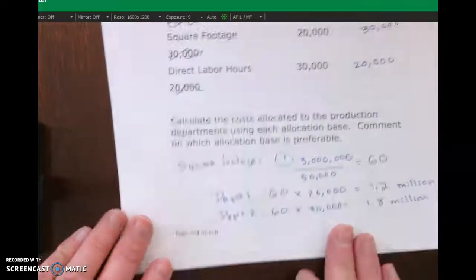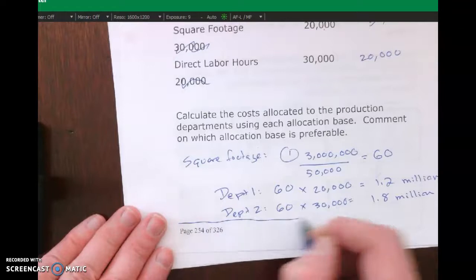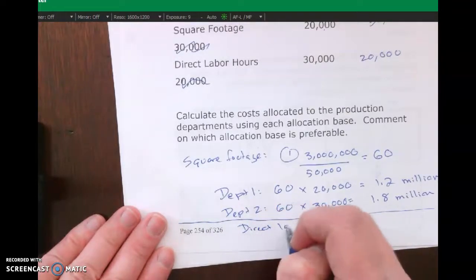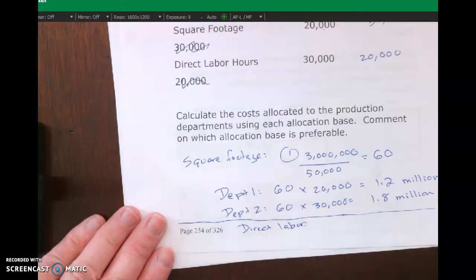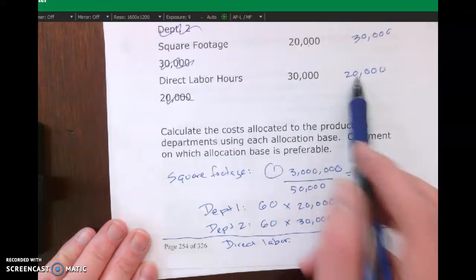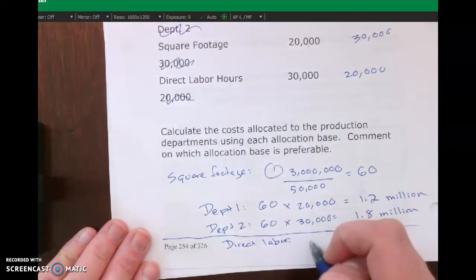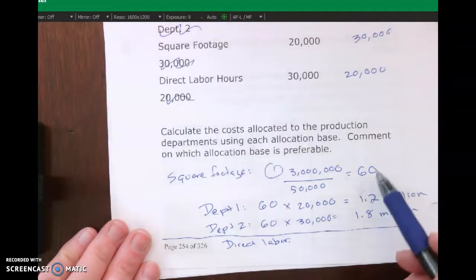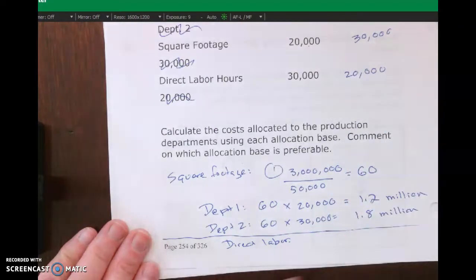Now when we do this for direct labor, I'll draw a line over here and I'll say direct labor, the rate is the same. It's 3 million divided by 50,000. It's still 60, but it's $60 per labor hour, not per square footage, because we're not talking about square footage. It's $60 per labor hour.